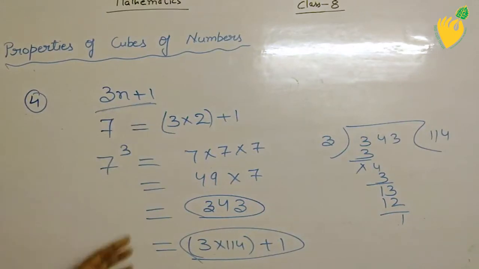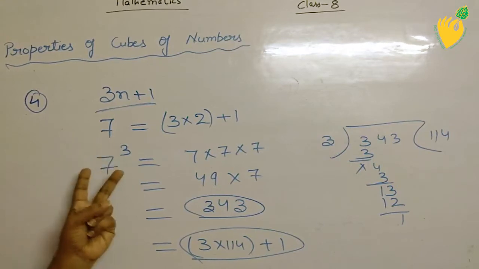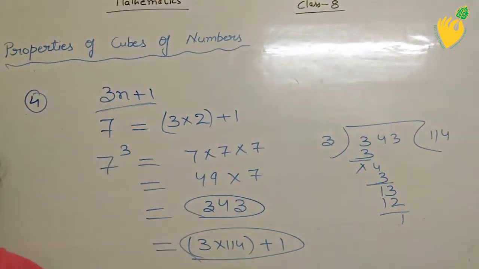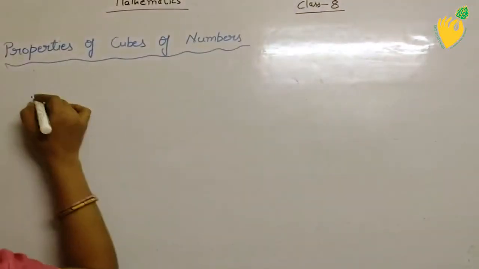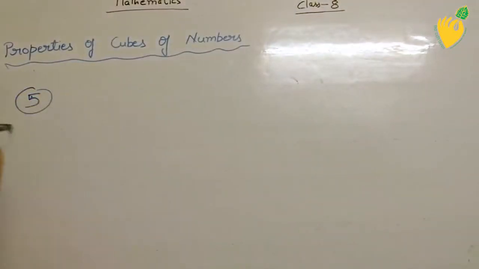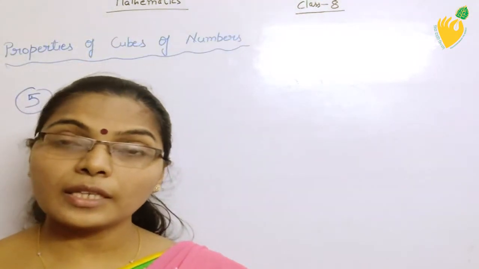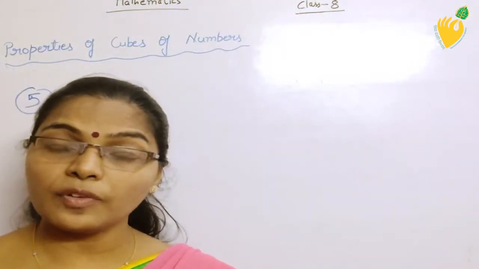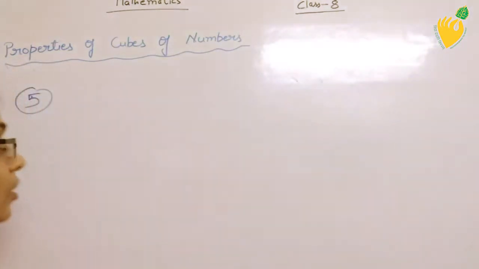So this is the property that if any natural number is of the form 3n plus 1, then its cube will also be of the form 3n plus 1. Students, the next property is that if any natural number is of the form 3n plus 2, then the cube of that natural number will also be of the form 3n plus 2. Let's see how.